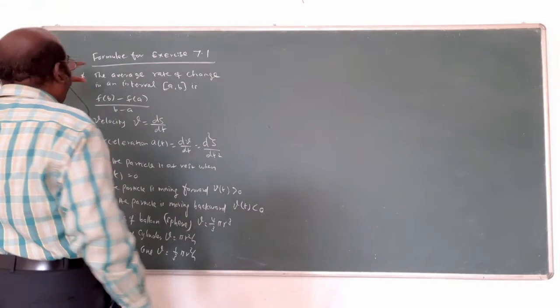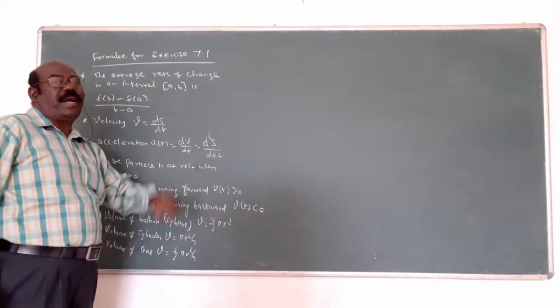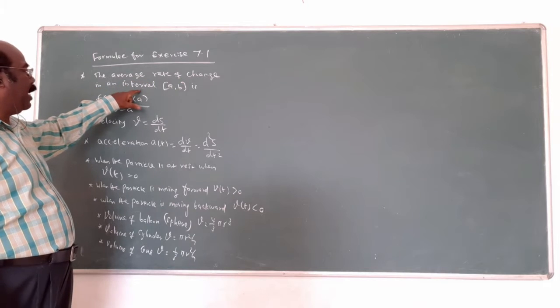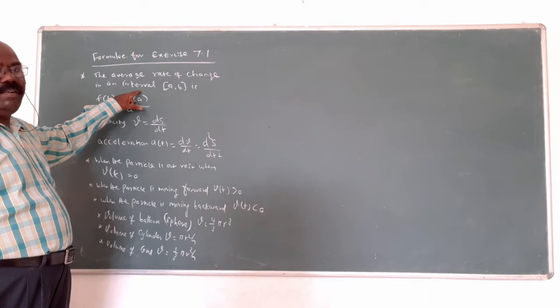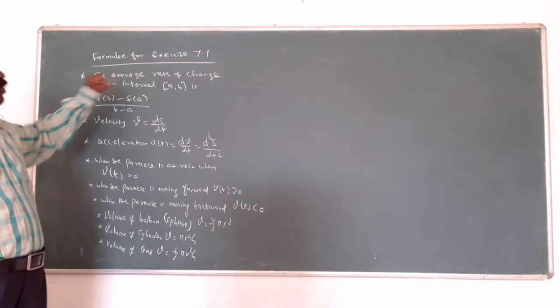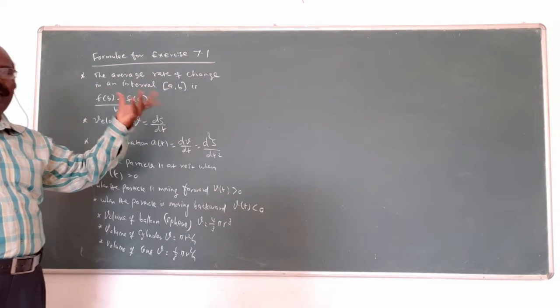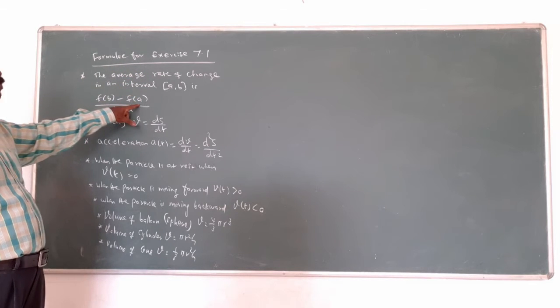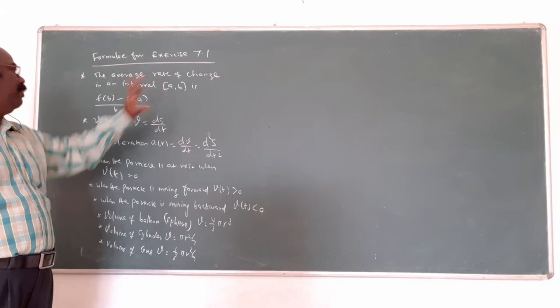Now, the formula for exercise 7.1: the average rate of change in an interval. This is average velocity. Rate of change is velocity. Average velocity is equal to f of b minus f of a by b minus a over the interval.